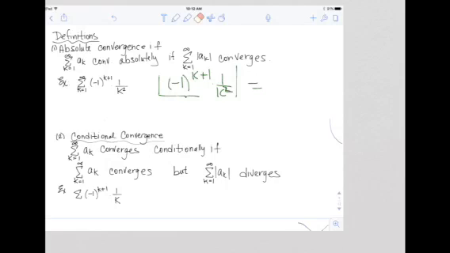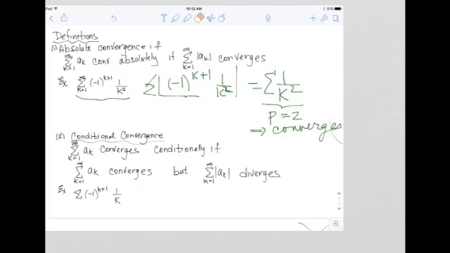So this is really 1 over k squared. There is no more alternating. Since the sum of 1 over k squared is a p series with p equaling 2, this series converges. Since the absolute value of the original series converges, it converges absolutely.